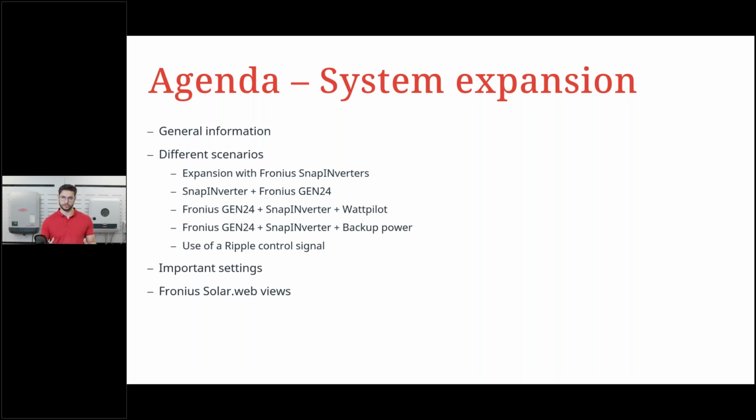What do we do there when we have to extend the system? Last but not least, in these scenarios, I want to quickly go through a ripple control signal option, which might still be used by some grid suppliers. In Austria, it's not so common anymore, but there might be a use case for you out there.